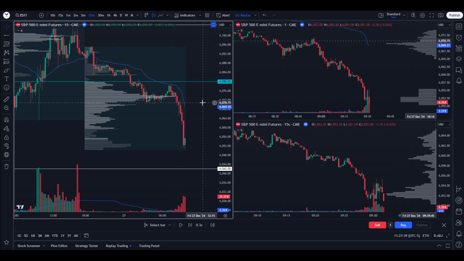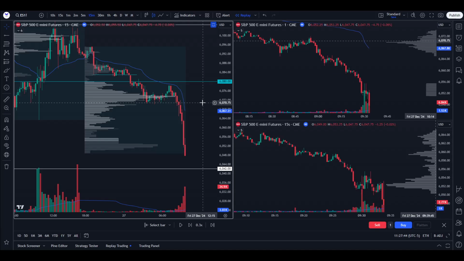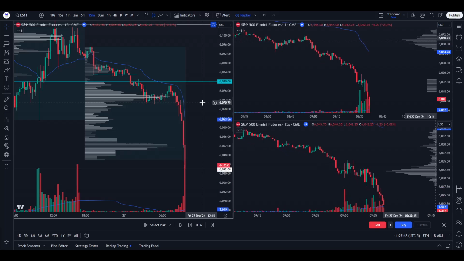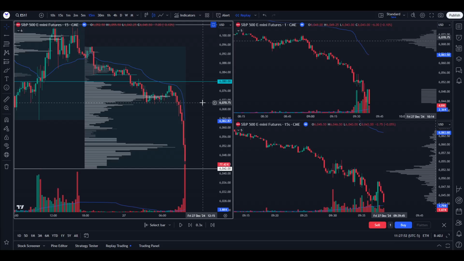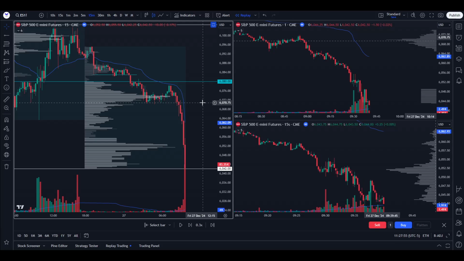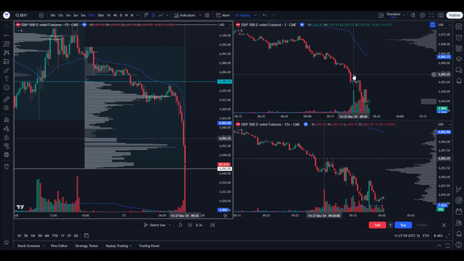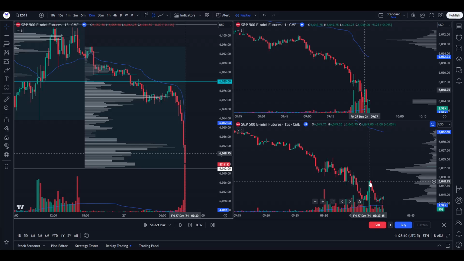Let me just adjust that. Yeah, so now we're at the open here. Right at the open, on the 1 minute, we see these wicks above, and on the 15-second, it was showing signs that it's struggling, finding the highs a little bit lower, and then a little lower.